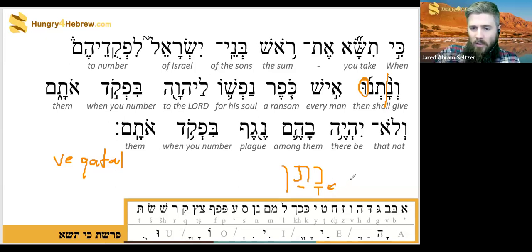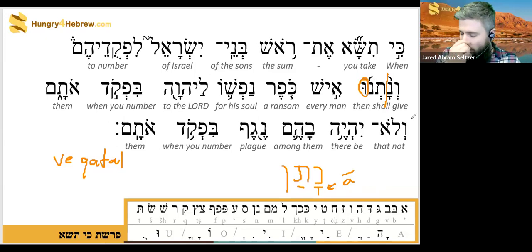This is a long a vowel. When you add an u suffix, it's not that you somehow mysteriously get an o vowel there. No, it's an a vowel, but rather the patach gets reduced to a shva.